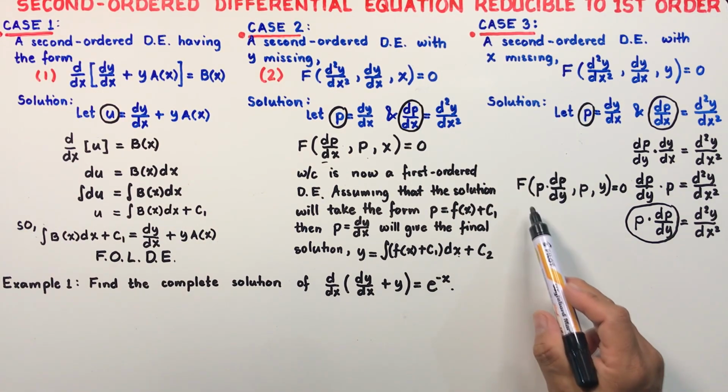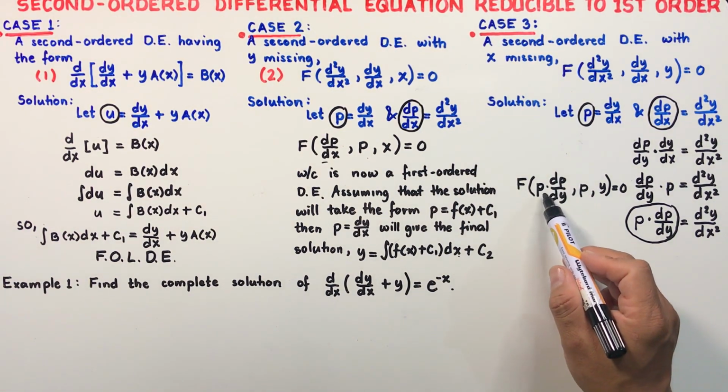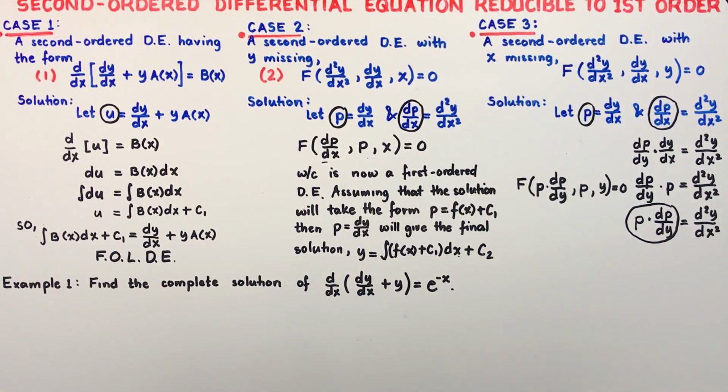So you solve this first order differential equation the way we solved it in the previous video, and then after solving, we substitute the value of p, which is dy/dx. So the resulting equation is not the final solution, but still a first order differential equation. So you integrate for the second time, and then you obtain the second arbitrary constant.